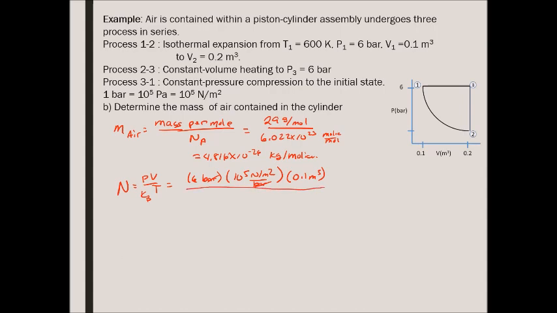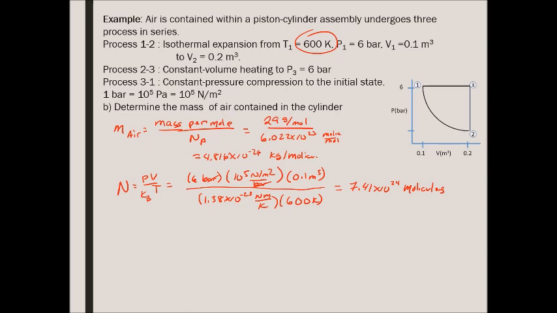Then divide by our Boltzmann constant, 1.38 times 10 to the negative 23rd newton meters per Kelvin, and 600 Kelvin, because that's what the temperature says we're starting out at. And so we get 7.41 times 10 to the 24th molecules.